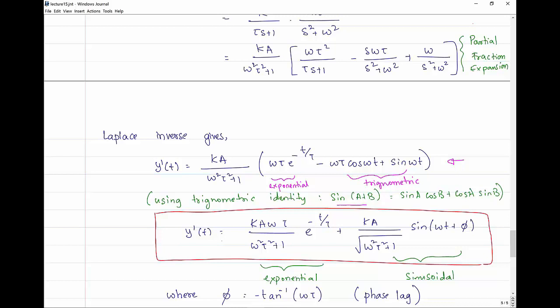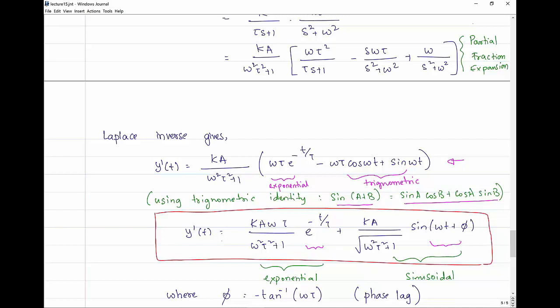Using the simple trigonometric identity sine(a plus b) equal to sine a cos b plus cos a sine b, you can simplify this response into two terms, one that depends only on the exponential term and the other that depends on the sinusoidal function.